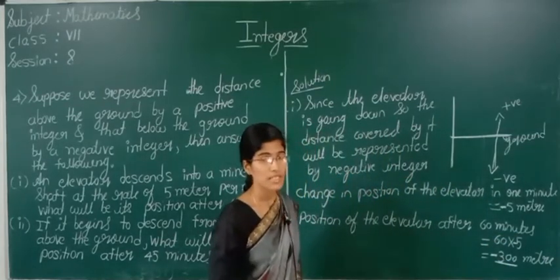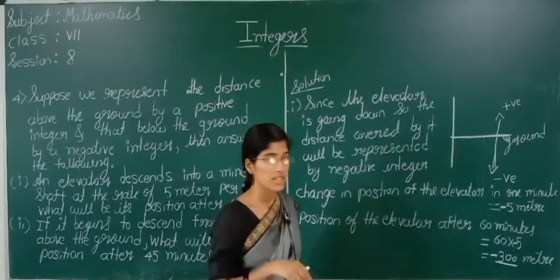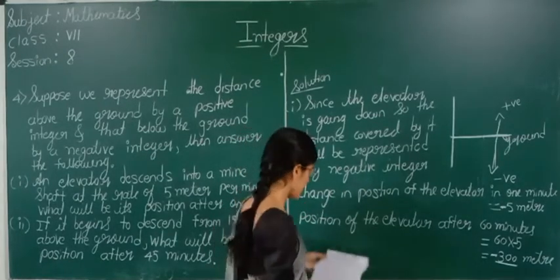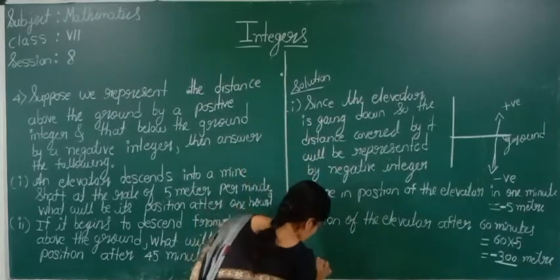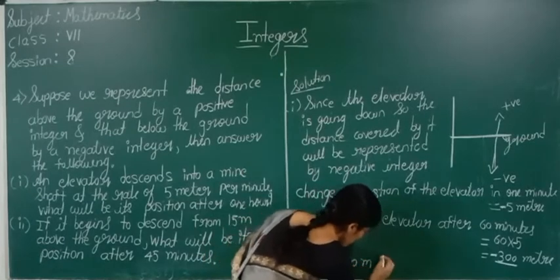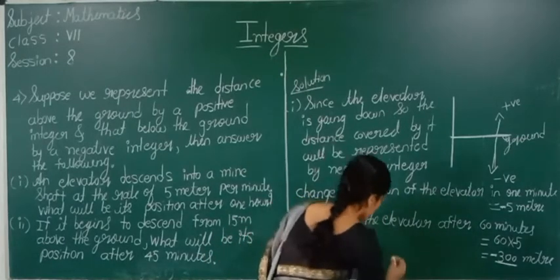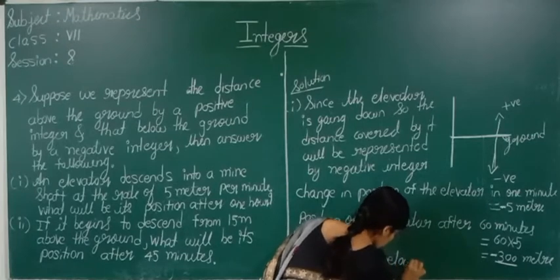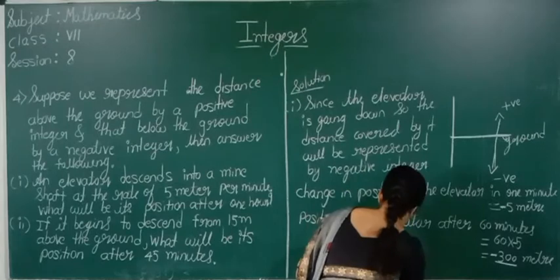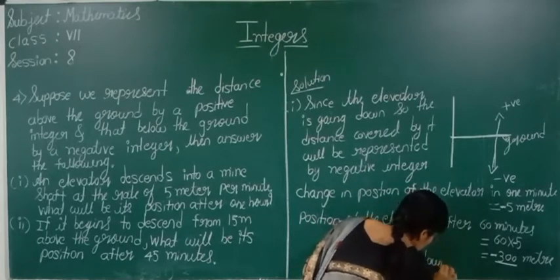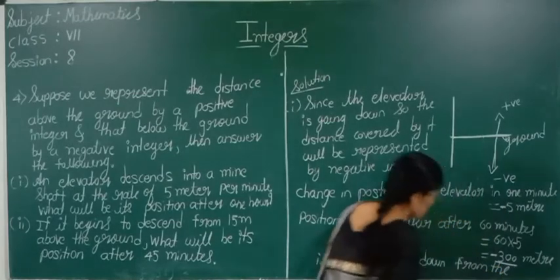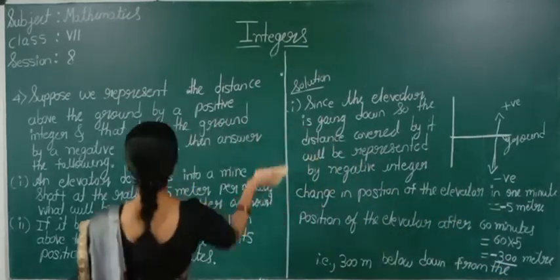Minus represents that the elevator is at a downside position, that is, 300 meters below the starting position of the elevator.